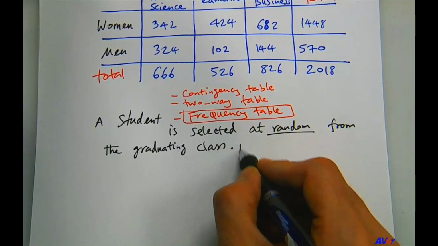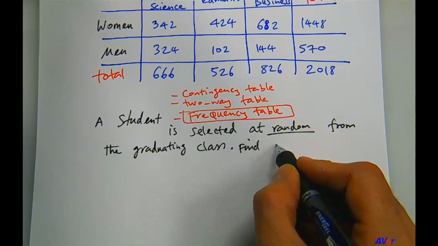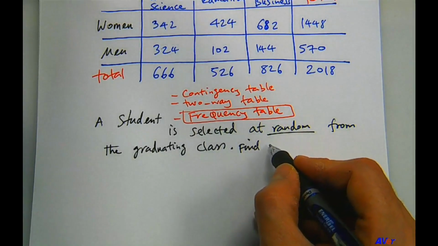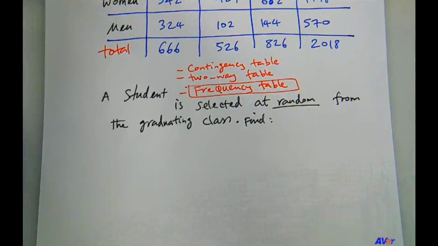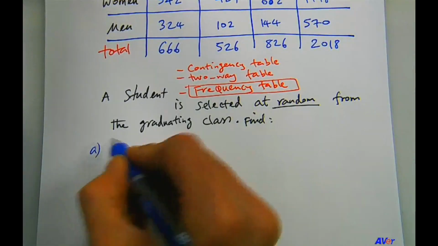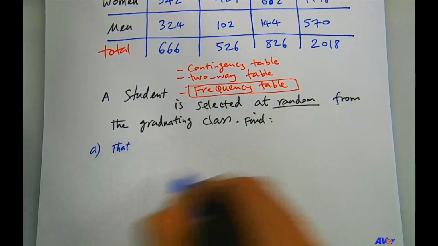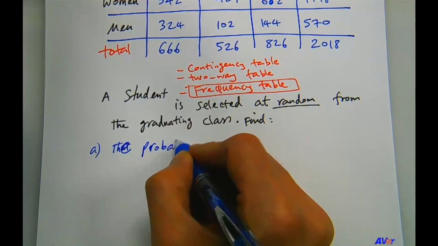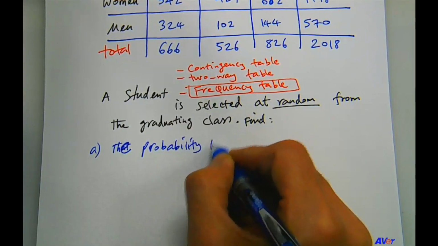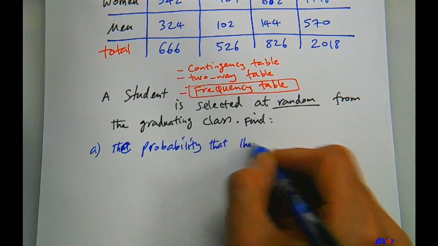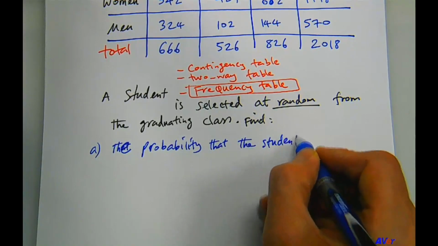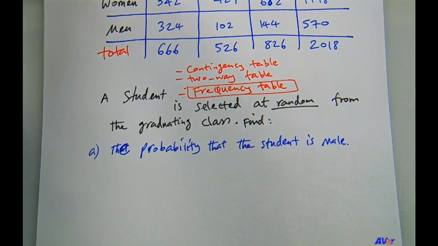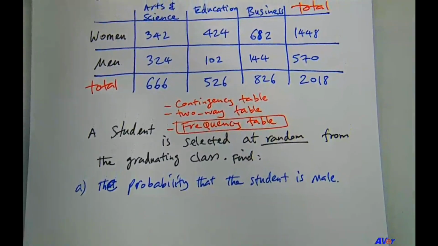and we want to find these probabilities. Find the probability that the student is male. Okay, let me just mention this.